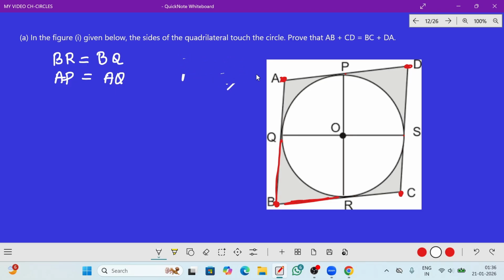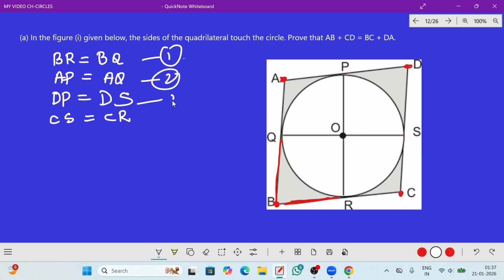Okay, next. We got AP is equal to AQ. After that, I will write DP is equal to DS. And where there is DS, I will write CS is equal to CR. Now when you add, this is 1, 2, 3, and 4.